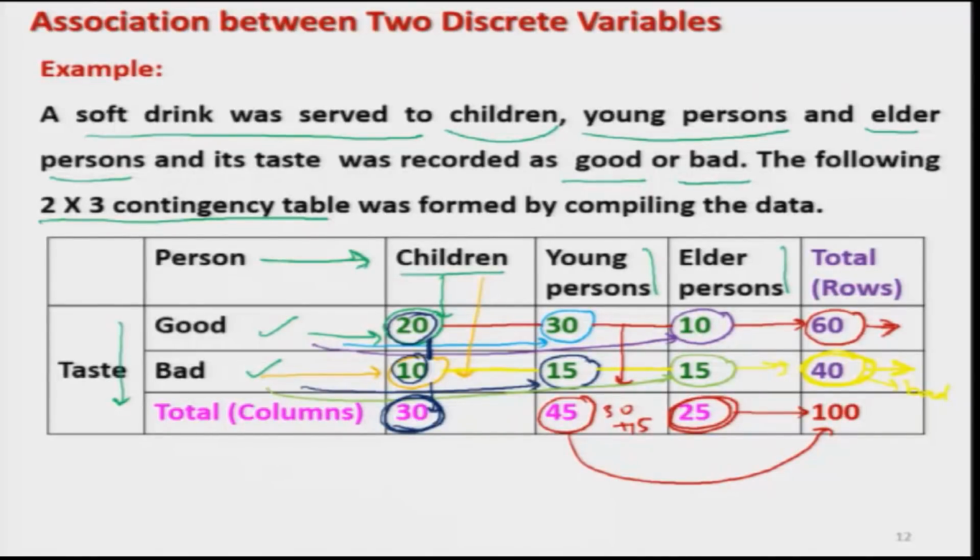So you can see here that these marginal frequencies in rows and columns give us a particular type of information, and this information has been obtained by making one of the effects constant.